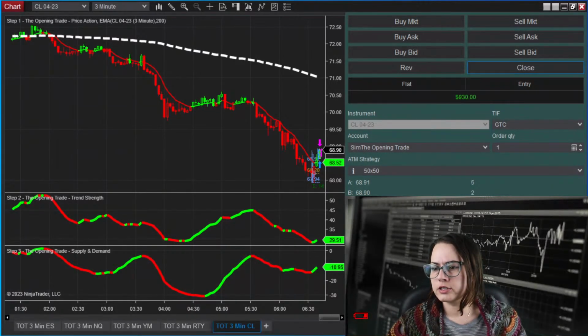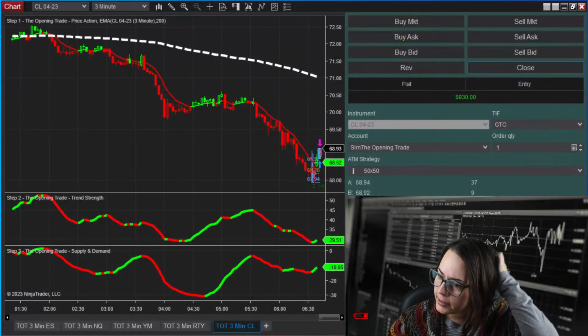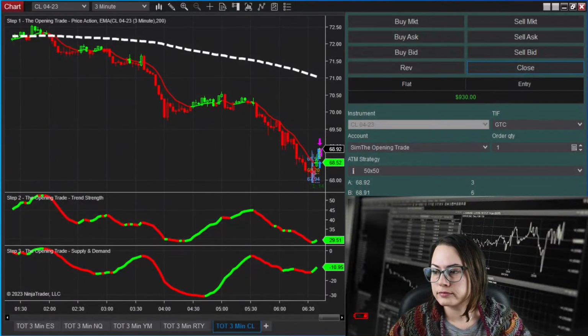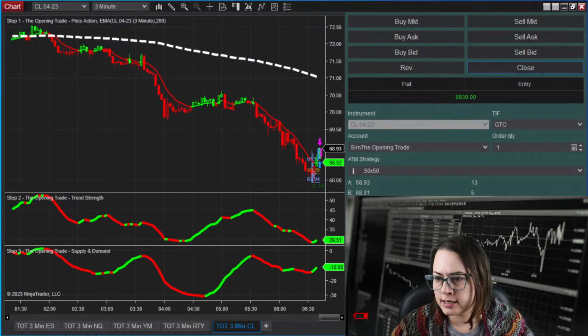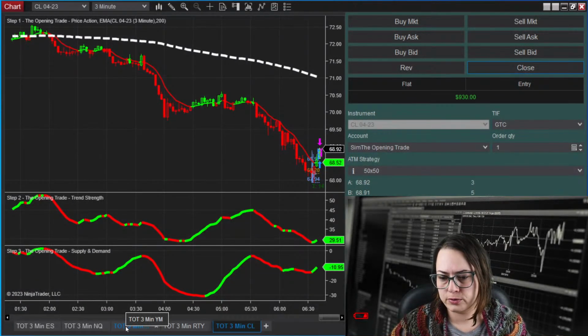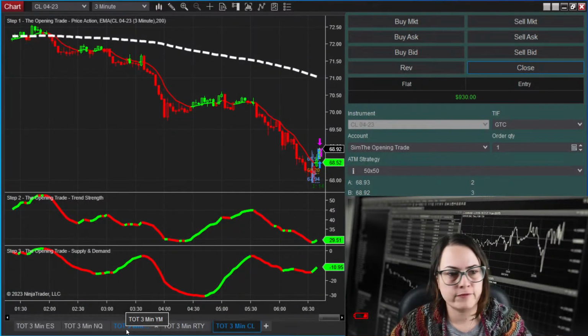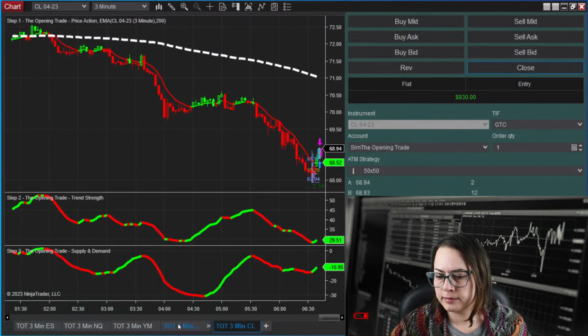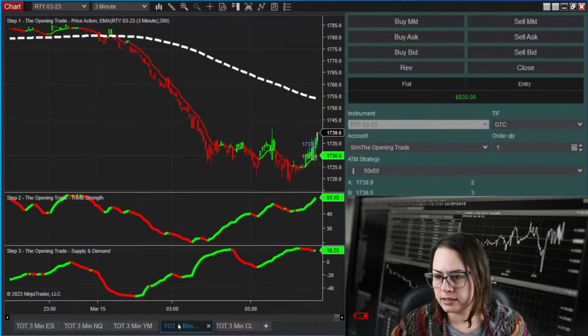All right. So there, I'm happy with my manual trades today. I'm happy with the 3 automated trades that fired off. We did not see the indicator here to fire off on the Russell.